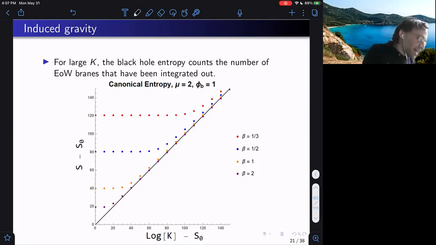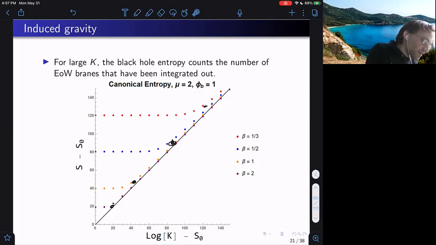So I would say perhaps an analogy of this critical value of k that was maybe observed by Marolf and Maxfield would simply be where log k here meets the entropy of the black hole.